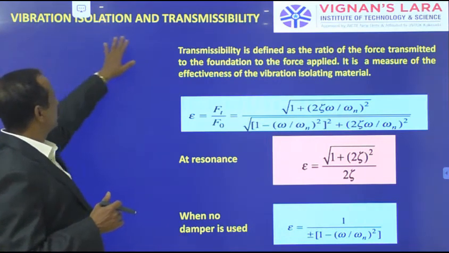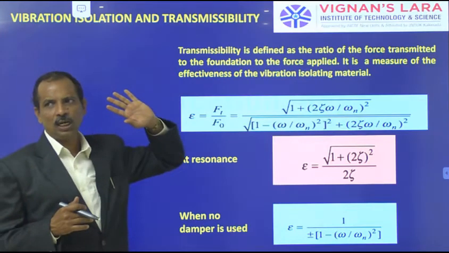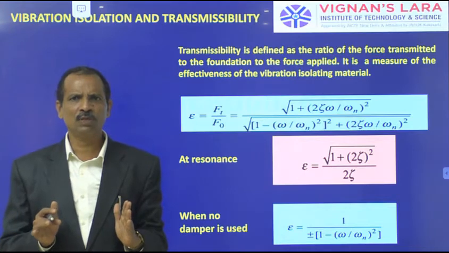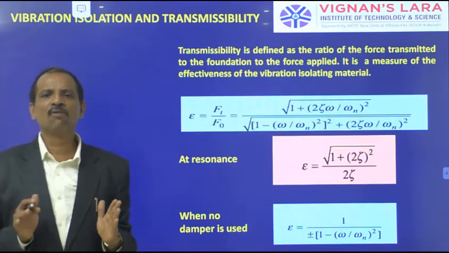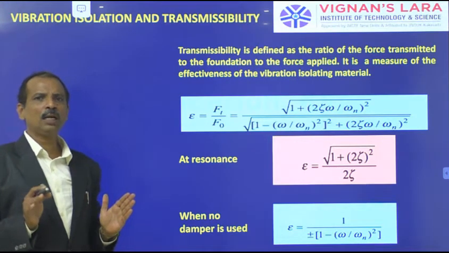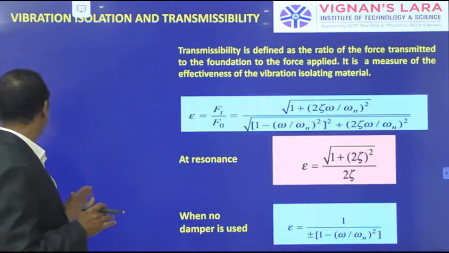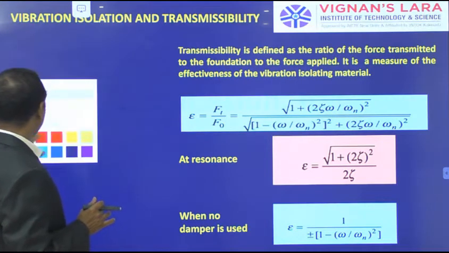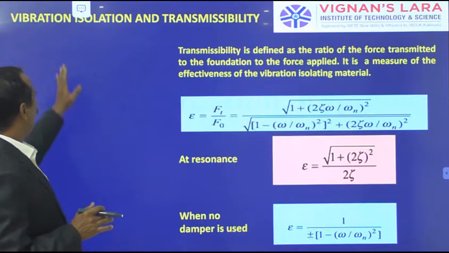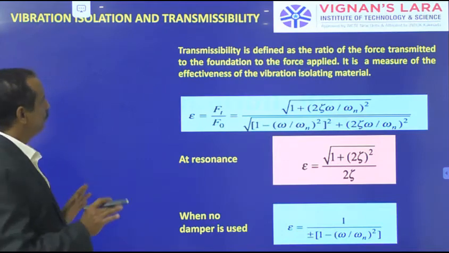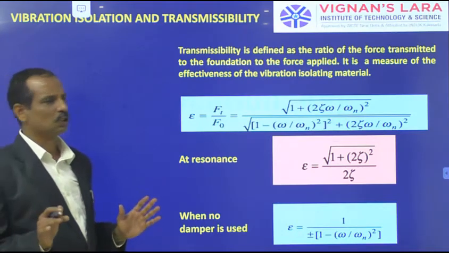So that we can say here, vibration isolation and transmissibility. That means my first objective is to isolate the vibration. If I cannot isolate the vibration, then I can go for a better mechanism for transmissibility, isn't it? So first thing, isolation. If possible, we go for isolation. If not possible, we can go for the transmissibility.